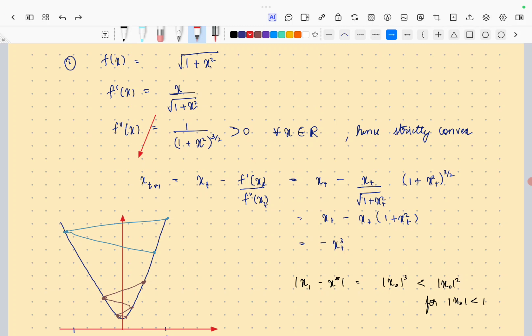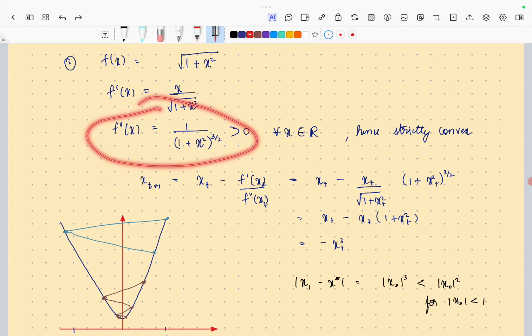So this quantity is too large. Instead of running xt plus 1 equal to xt minus this particular quantity, you run xt plus 1 equal to xt minus some delta t times this quantity, where the delta t is a damping term which guarantees that it's small enough. There are many other ad hoc, heuristic techniques that are used to improve Newton's method.